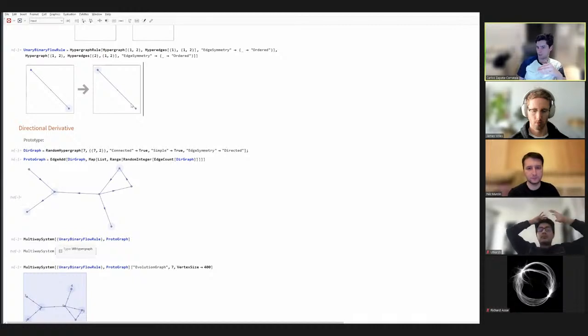You would have a function from the skeletal hypergraph, which is a simple hypergraph, to n. And then Eric very correctly pointed out that that's the case.